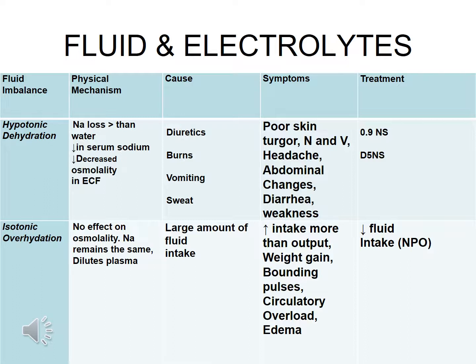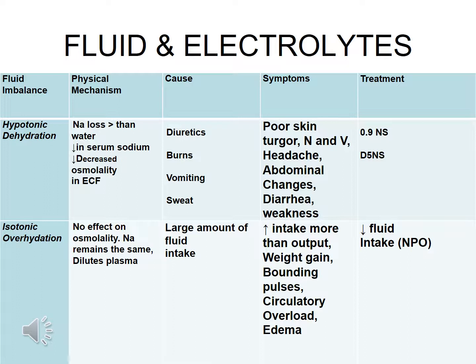You can pinch up their skin and it'll sit up there like a tent. Nausea, vomiting, headaches, abdominal changes, cramping, diarrhea, generalized weakness. We usually treat these individuals with 0.9% normal saline IV. That is an isotonic solution. And then D5 normal saline to give them a little bit of dextrose to use for energy for the cells.